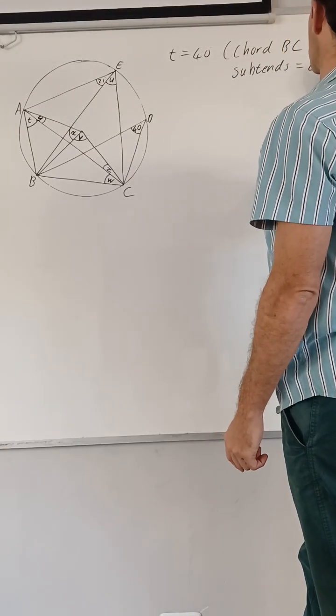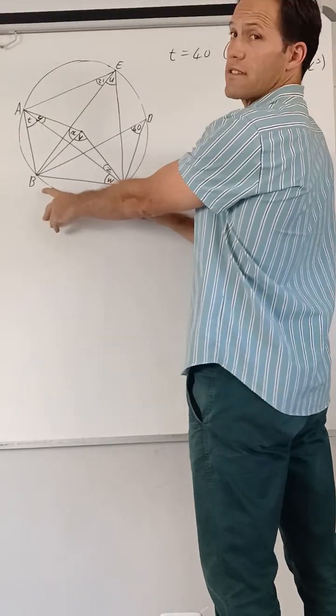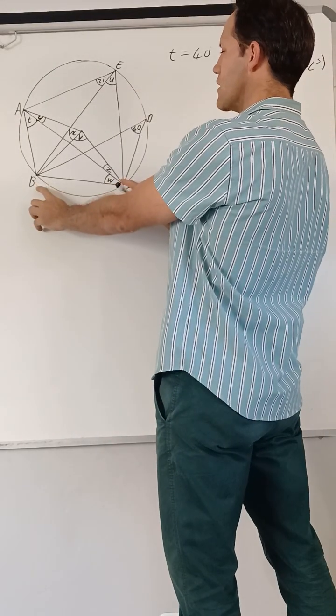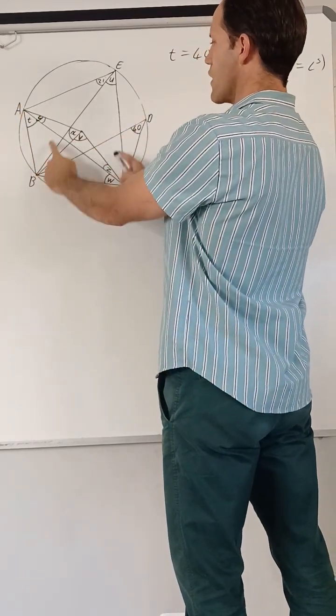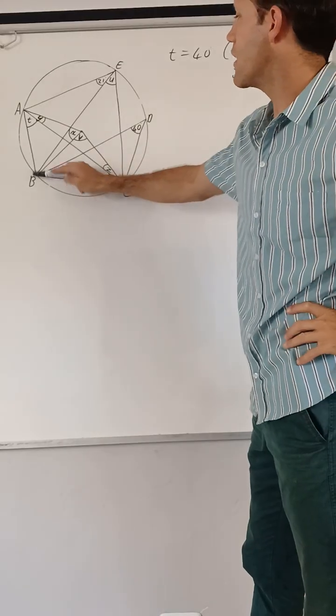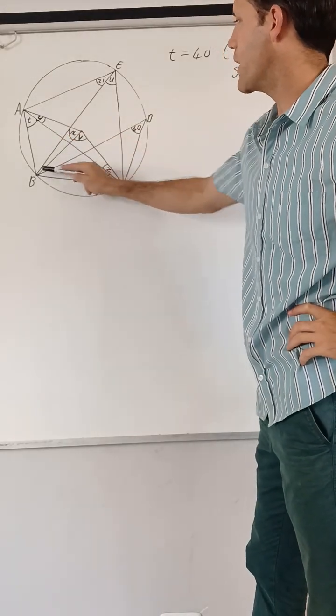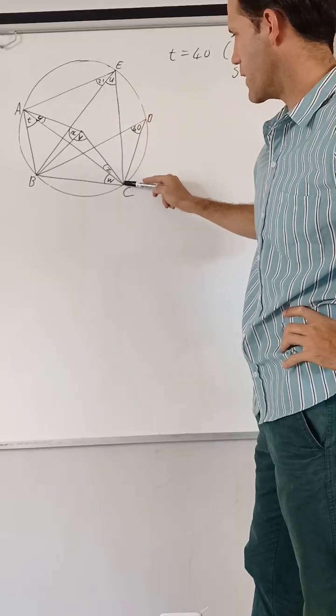Okay, but now look at this. BC goes that way, but BC also goes this way to E. You see the lines? If you start here, you also go this way and back.